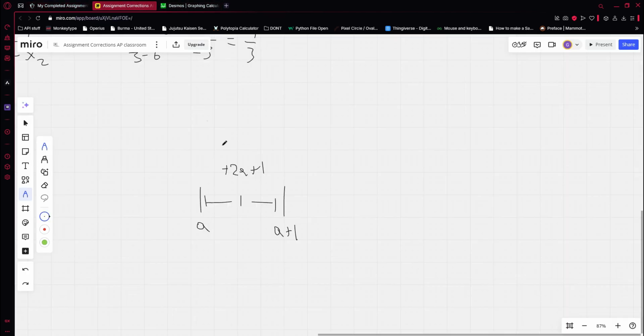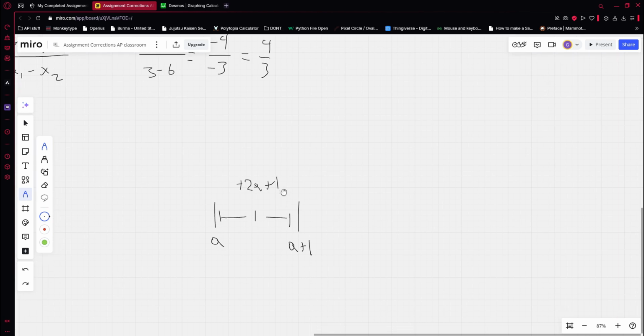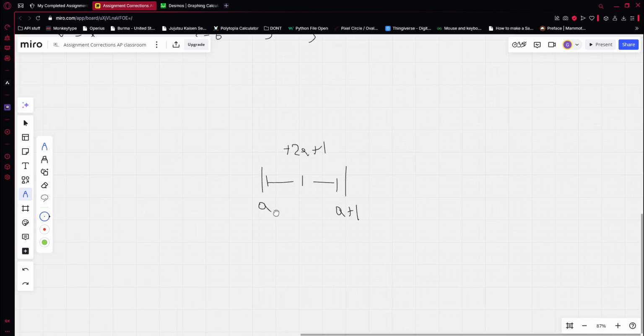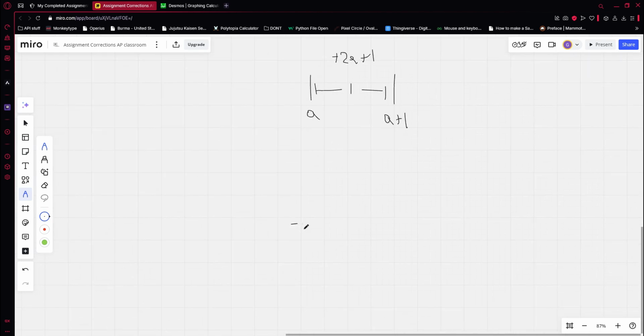So, average rate of change. Now it's 2a plus 1 that it changes by. But what if a is negative? See, because this could be anywhere. We could have a be negative 26, and then this plus 1, so it's negative 25.